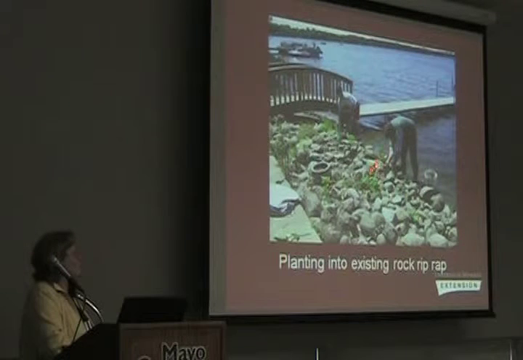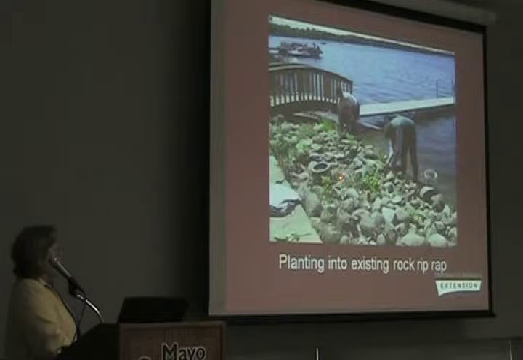If the rock has been there for a long time, this might be an area where soil has started to come in and fill in. Maybe the waves have come up high enough that they've deposited some sand here, or there's been some soil that's either come in through the wind or come in from soil up above. If you have that, you might have pockets of soil that you can plant right into in the rock.